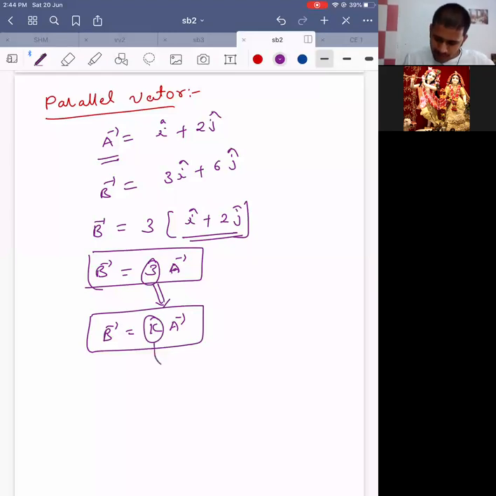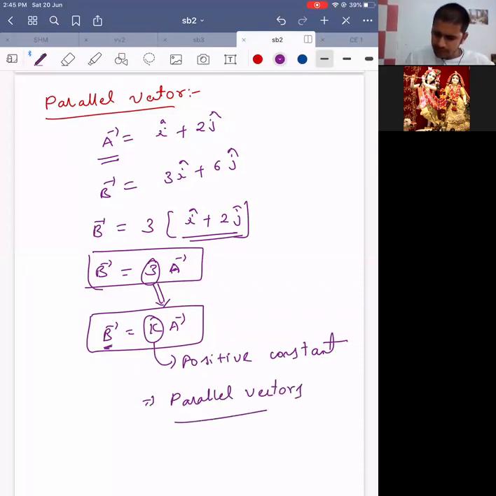But K should be a positive constant. Then these vectors are said to be parallel vectors.